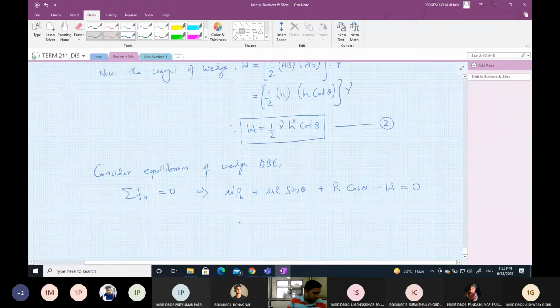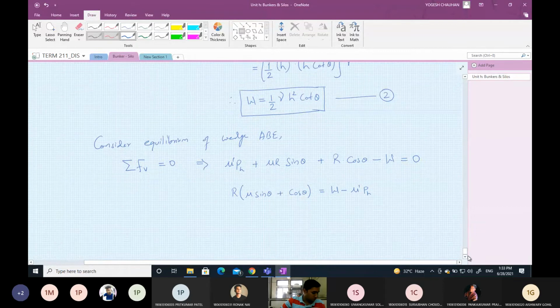So from this you can take the terms containing r on one side, so it will be r times mu sin theta plus cos theta equals W minus mu dash into pH.